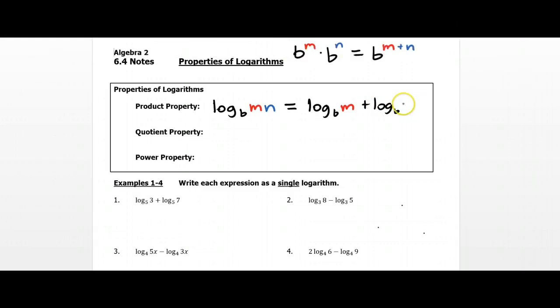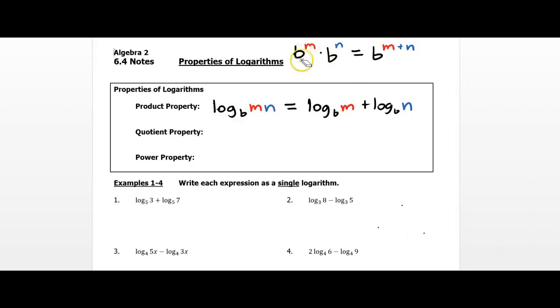Okay, so the log base b of m times n would be equal to the sum of the two separate logs, log base b of m plus log base b of n. Very similar to the exponent property we have up here that says you add the exponent. Same thing down here. When you get the log of a product, you add the separate logs.